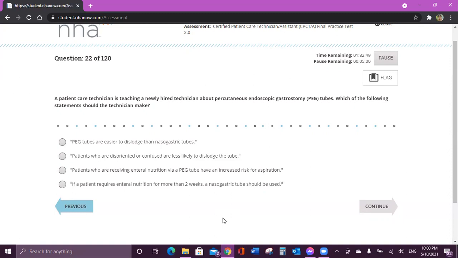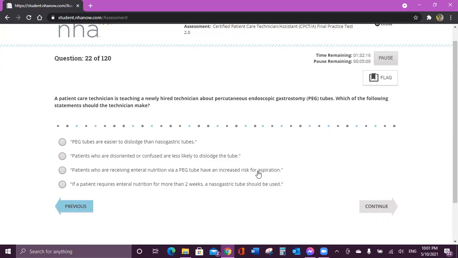So, a patient care technician is teaching a new hire about PEG tube precautions. Which of the following statements should the technician make? ¿Cuál tú crees? Porque la palabra percutaneous endoscopic gastrostomy tube, es que le dan comida por un tubo, por el estómago, ok?